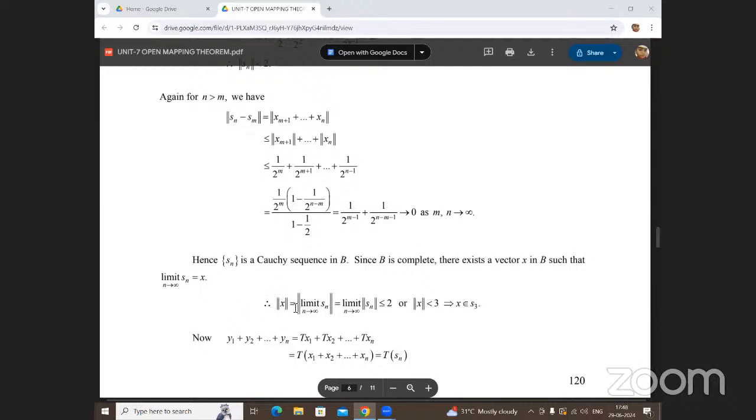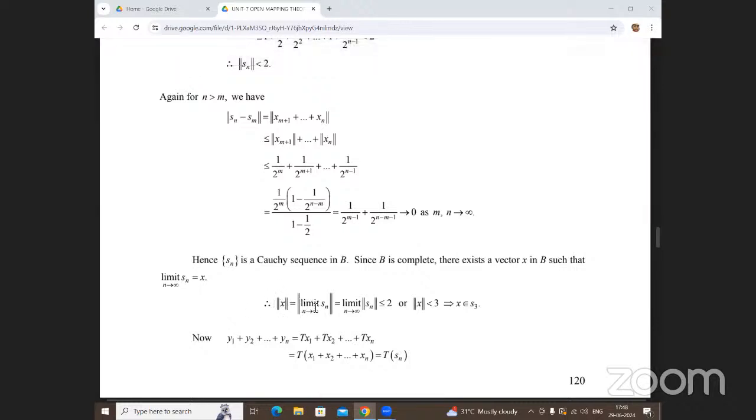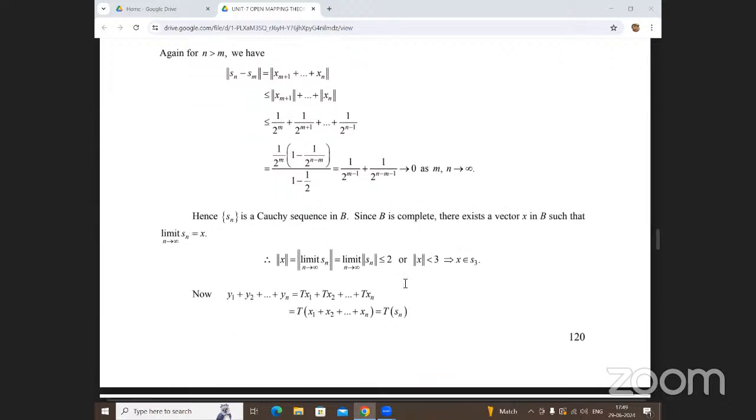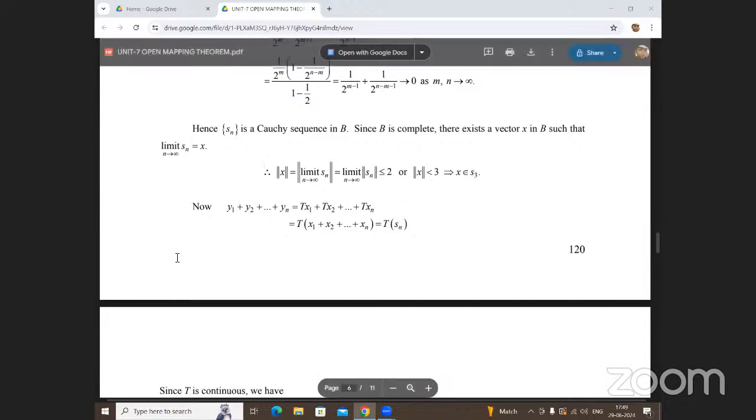Then the norm of x equals the norm of the limit of S n. So the limit as n tends to infinity of the norm of S n is less than or equal to 2. So norm x is less than 3. So here x belongs to S3. So that vector also belongs to the sphere S3.